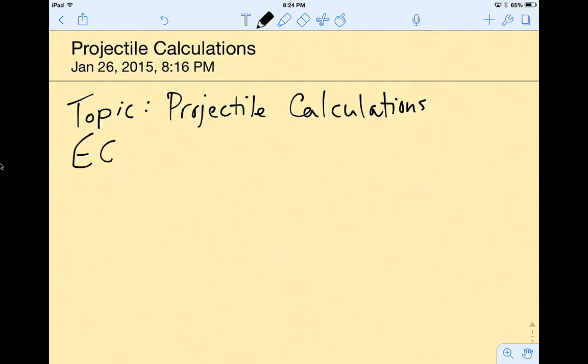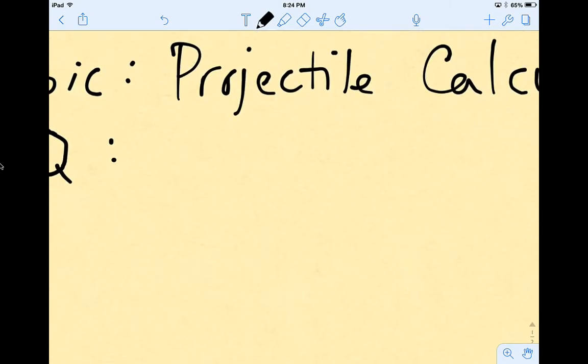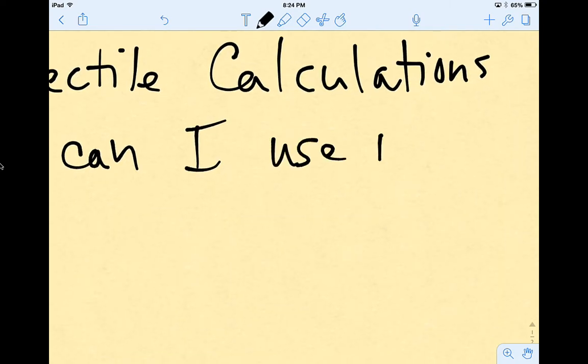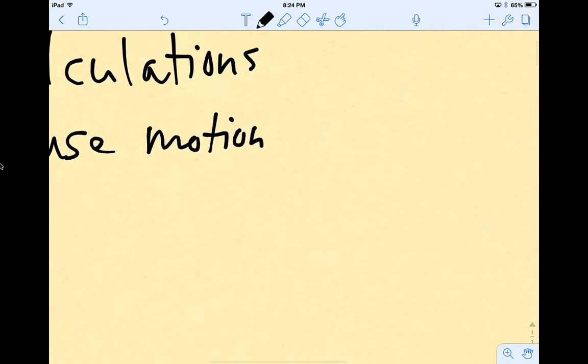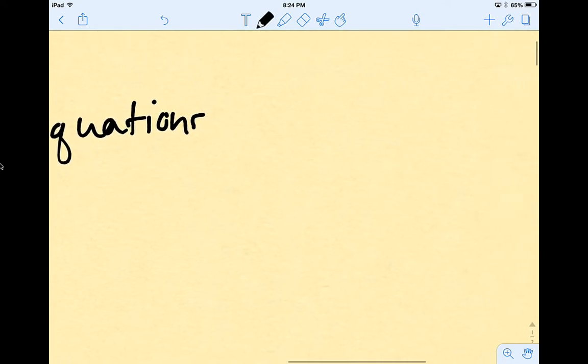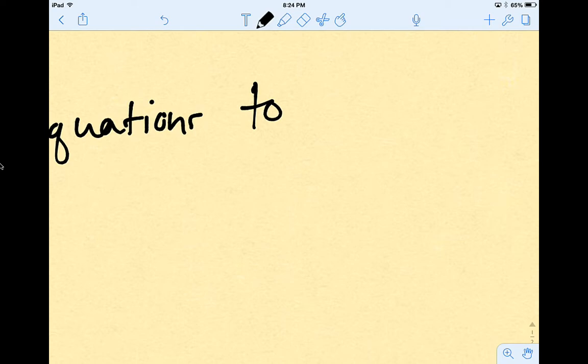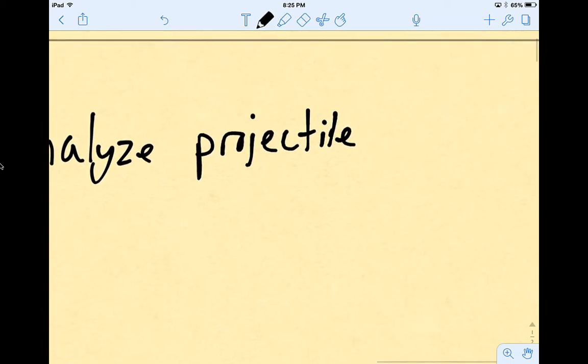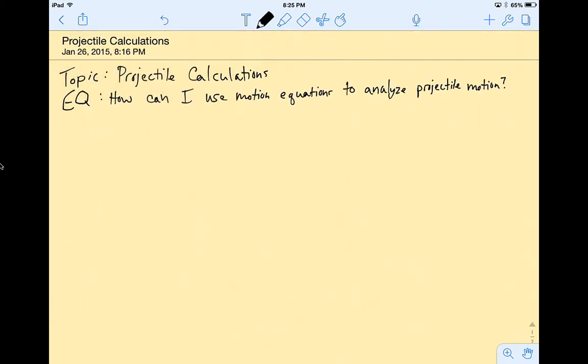And my essential question is: how can I use motion equations to analyze projectile motion? All right, how can I use motion equations to analyze projectile motion?